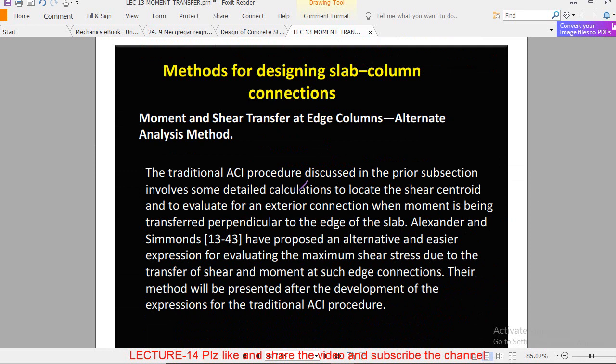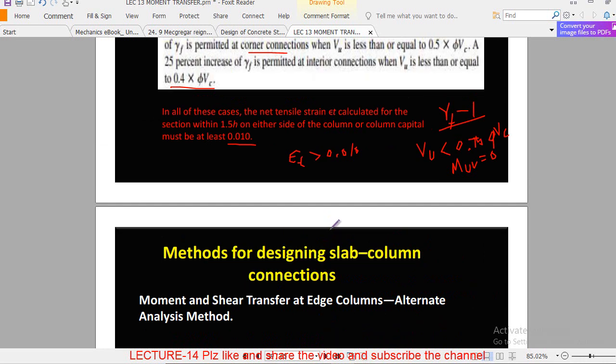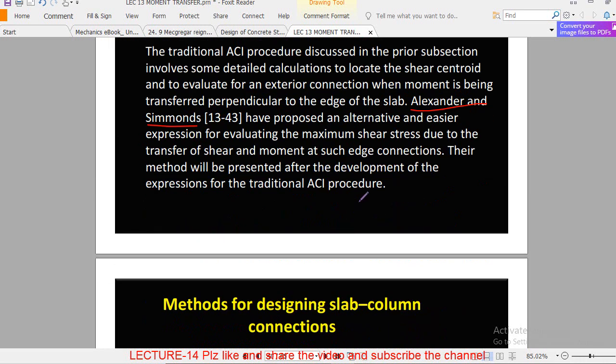Now, moment and shear transfer at the H column, alternate analysis. We will use this equation, which is proposed by Alexander and Simmonds, and at the end we will explain this concept. They give a short formula for how to calculate Vu. Although we use that lengthy equation, that is P by A plus or minus M into c divided by Jc, they give us a very shortcut equation.